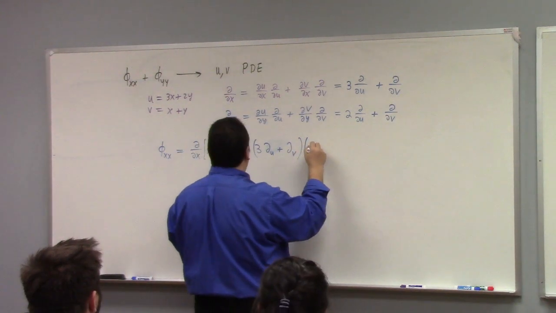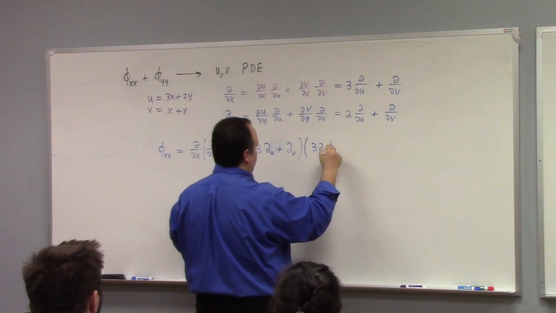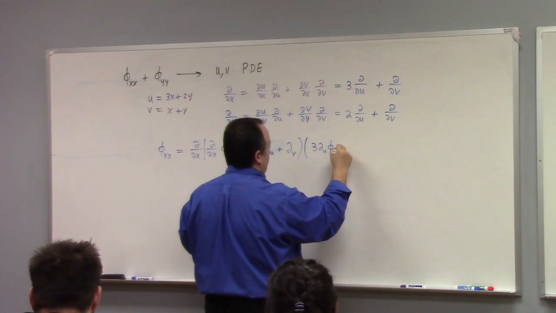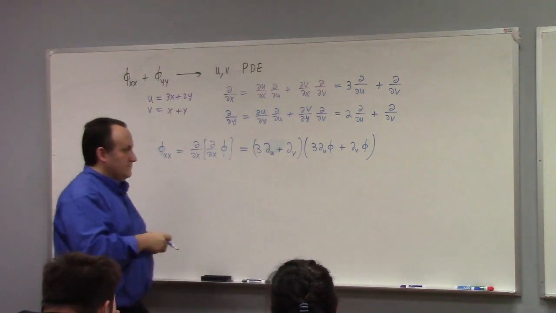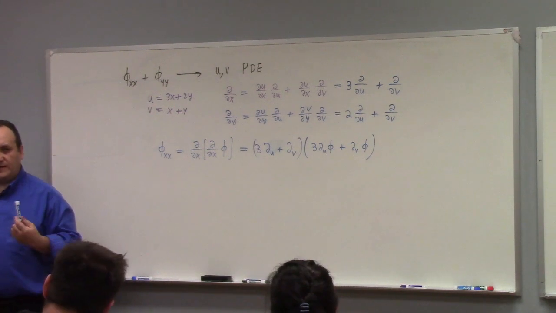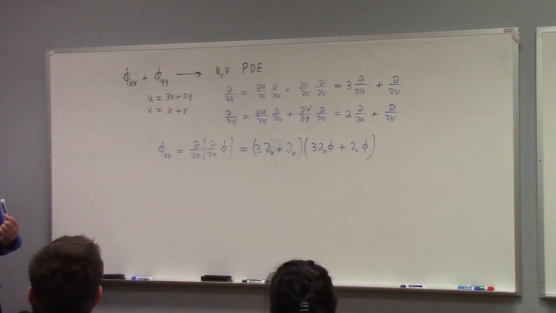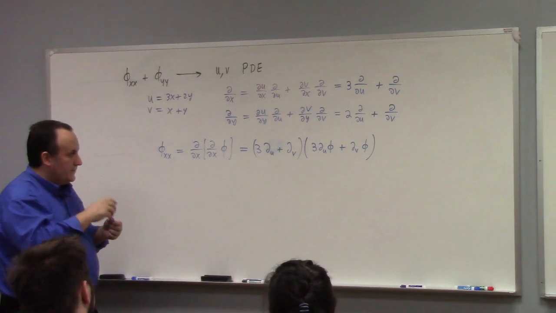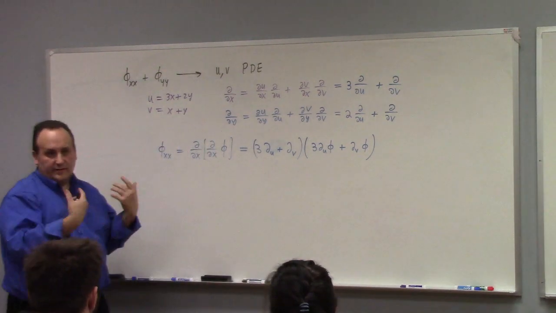And then we've got 3 partial u acting on phi plus partial v acting on phi. Are you guys tracking me so far? Okay, so then what? Well, these are partial derivatives, right? So how does that work?